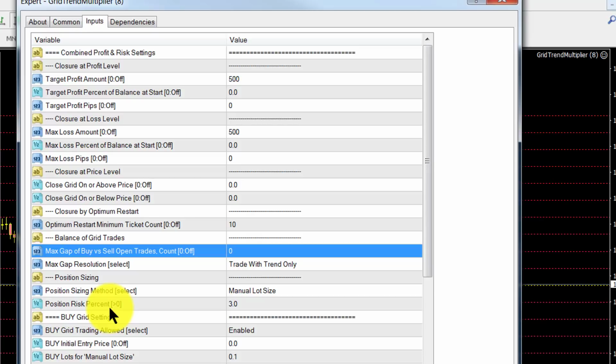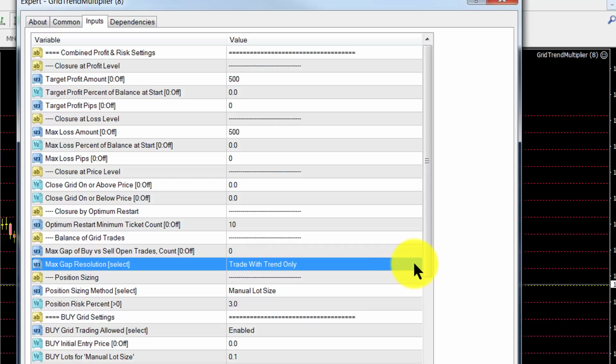So if you only want the gap to be, let's say, 2, then you put in 2 there, and what will happen then is you have a choice of what will happen. So what we do is we say the maximum gap resolution, and you tell the EA what you want to do.